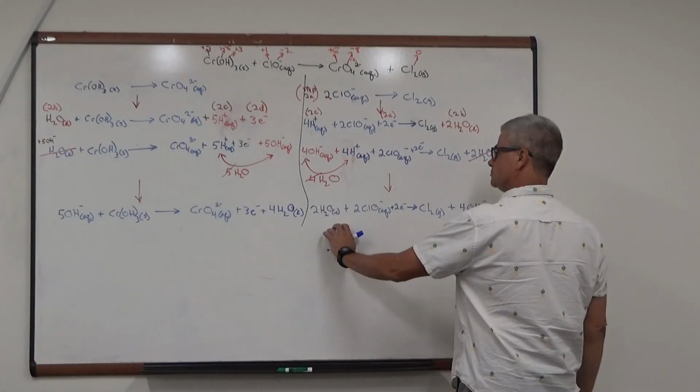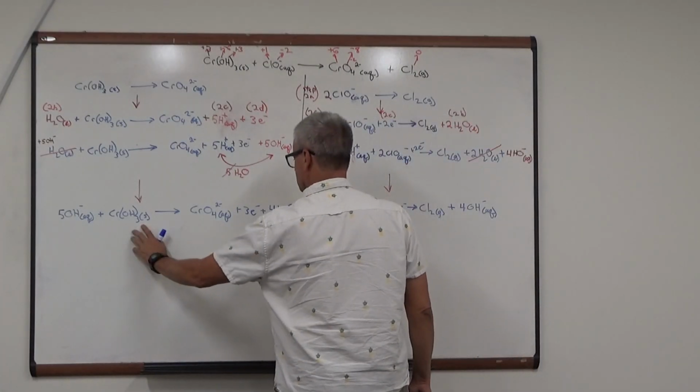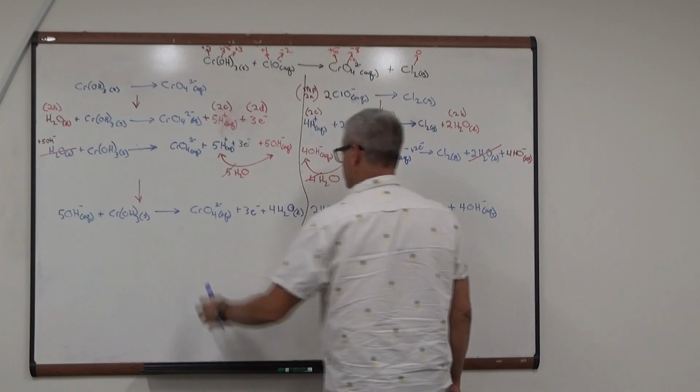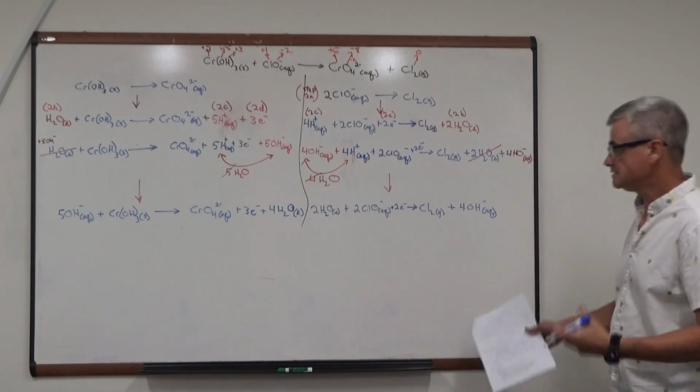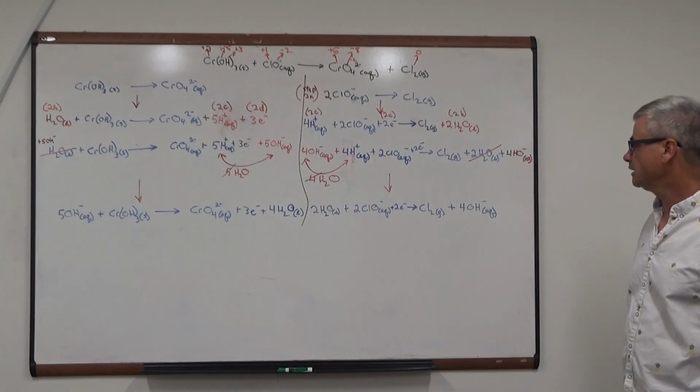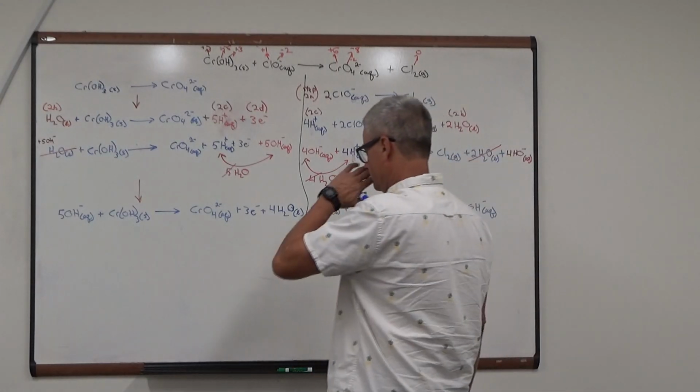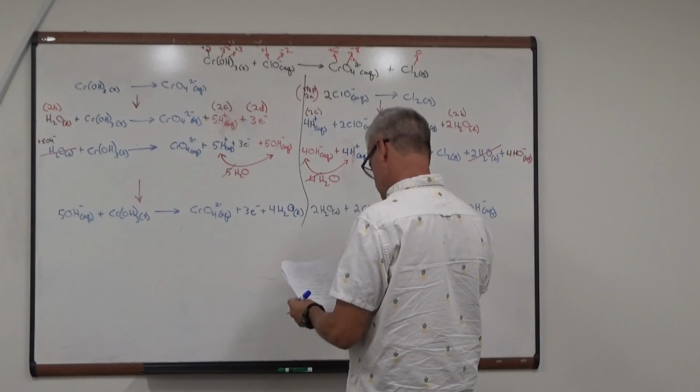Okay, so we are just about ready to add these guys together, except we find that here we are consuming 2 electrons, here we are producing 2 electrons. So we now need to balance the electron exchange, okay? So the way we're going to have to do that, let me see how I set this guy up.